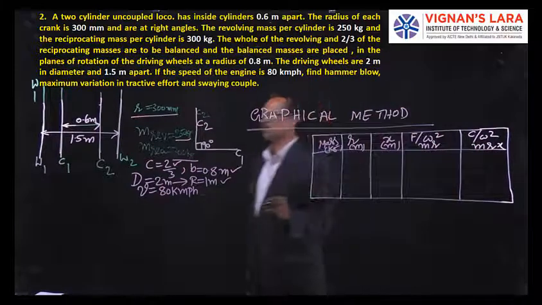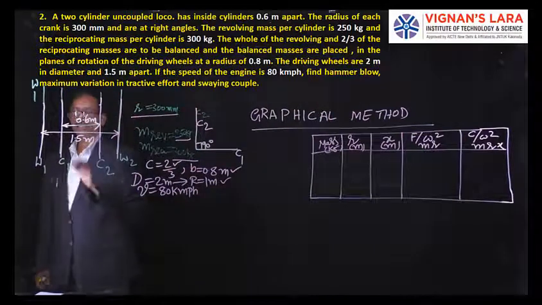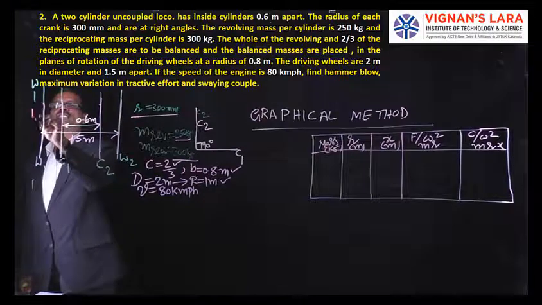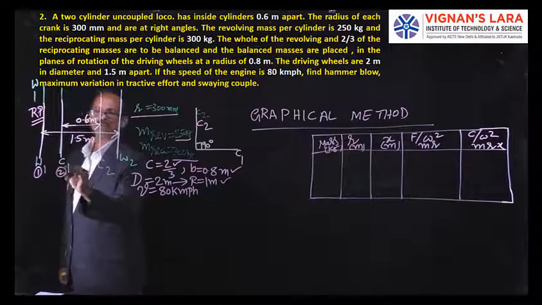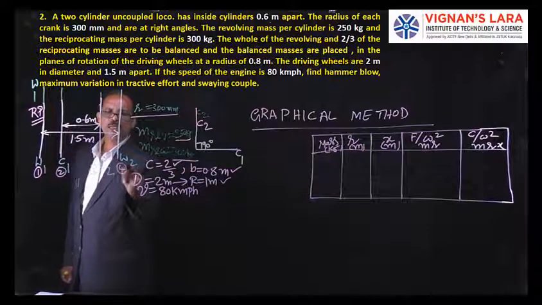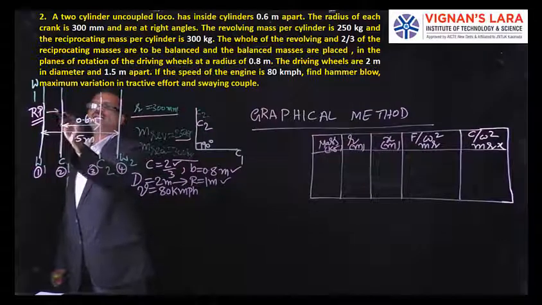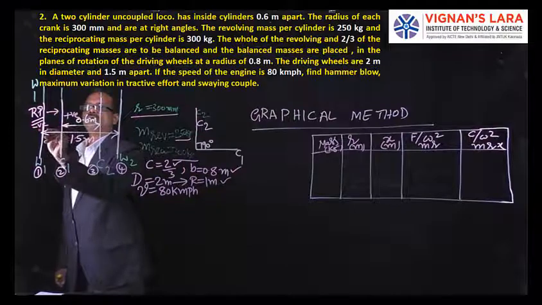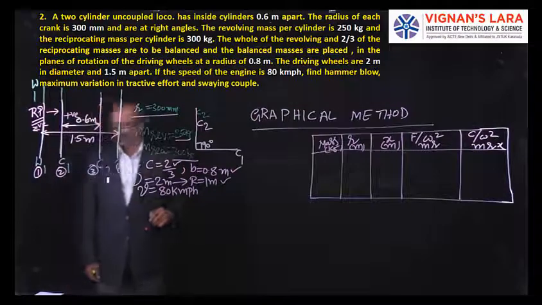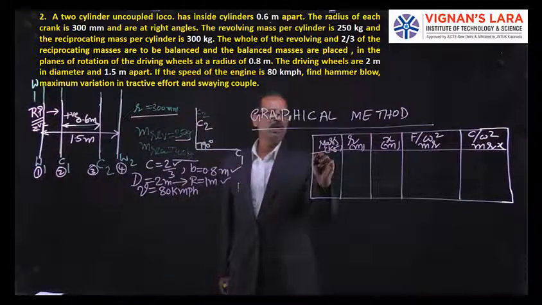We have 4 planes: plane 1, plane 2, plane 3, plane 4. This is the reference plane, that is plane 1. We know the right side of the reference plane is positive and the left side is negative. We don't have any planes on the left side, only on the right side. So what is the mass on plane 1?